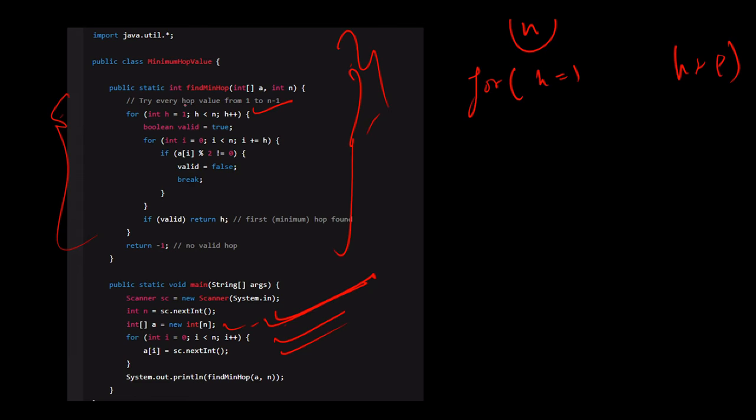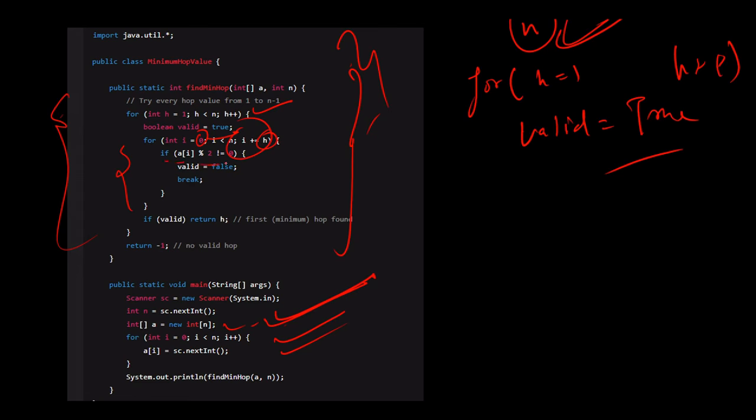Then boolean valid is true. Then we again start checking from index 0, because we need to start from index 0. We move forward to the last index, adding h in our loop, because whatever the hop value is, we increment the index depending upon that.